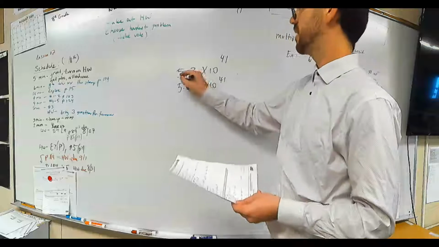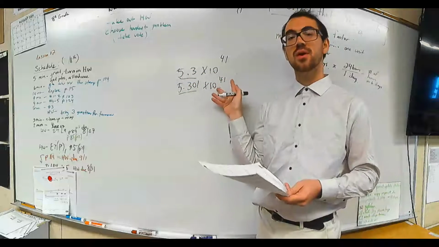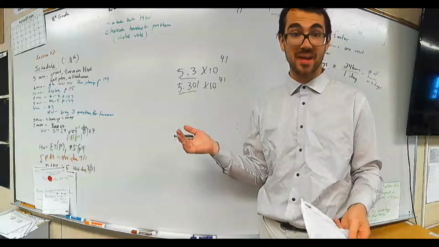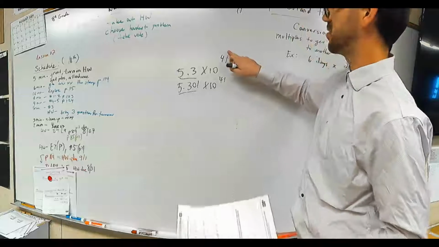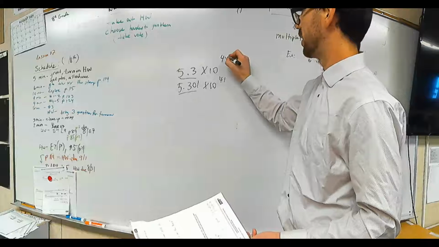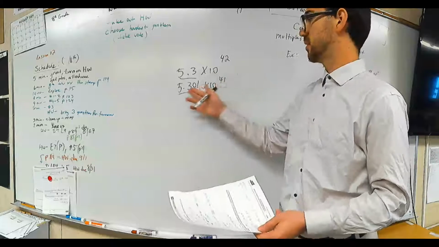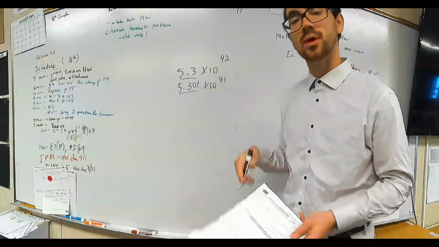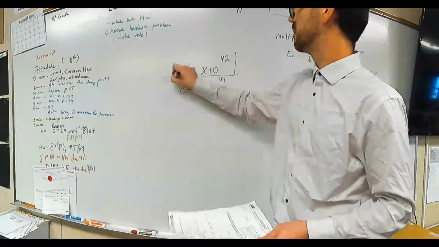So Chris compared A's, but he didn't mention the powers, right? What if, and here's my example of how this one could actually become greater than this one, we change this power to something even just a little bit larger, like 42, 10 to the power 42, versus this number times 10 to the power of 41. Okay? So this one would then be bigger.